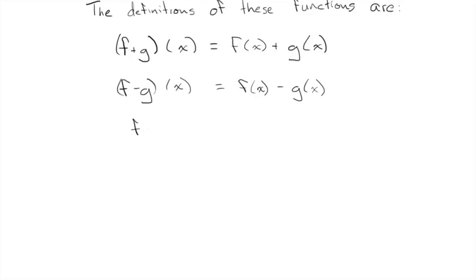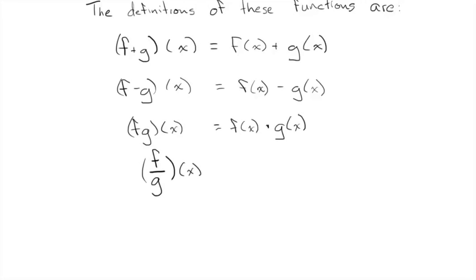F times g at x is just equal to f at x times g at x, and f divided by g at x, surprise surprise, is f at x over g at x.